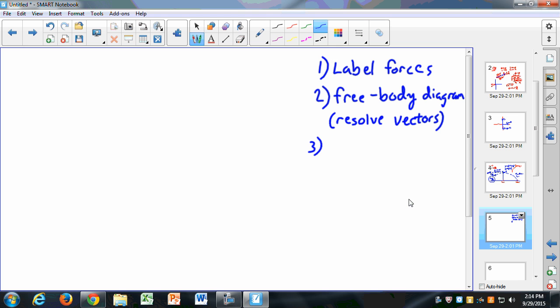And then the third step is apply Newton's second law. Sum of the forces in the x direction equals max. Sum of the forces in the y direction equals may. This applies for inclined planes as well as other problems with Newton's laws.